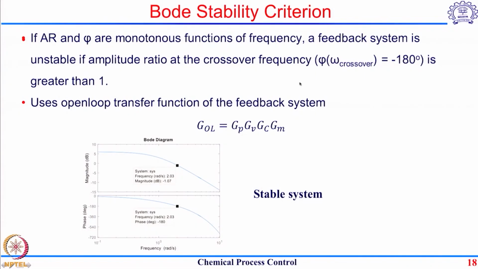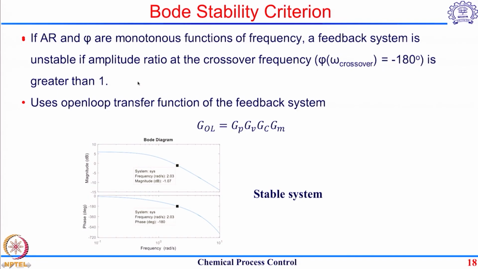In the Bode stability criteria, it starts with an assumption that AR, the amplitude ratio, and phi are monotonous functions of frequency, which is most of the times the case. The feedback system is unstable if the amplitude ratio at the crossover frequency, which is when phase is equal to minus pi or minus 180 degrees, is greater than 1.